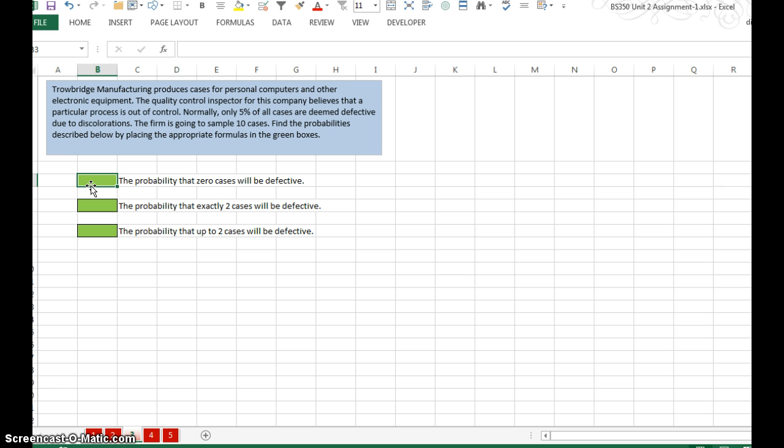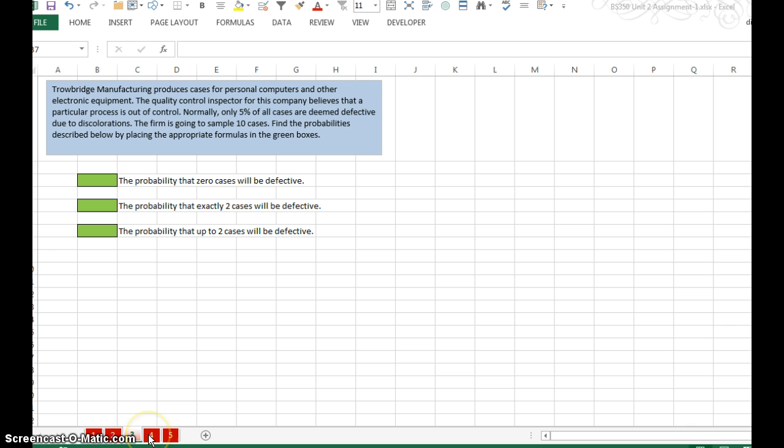You're going to enter equals binom dist, and then you'll put in the correct parameters. So this problem, all 3 of these on this page, you're going to use the binomial distribution function, and it is shown on page 41 how to use that.